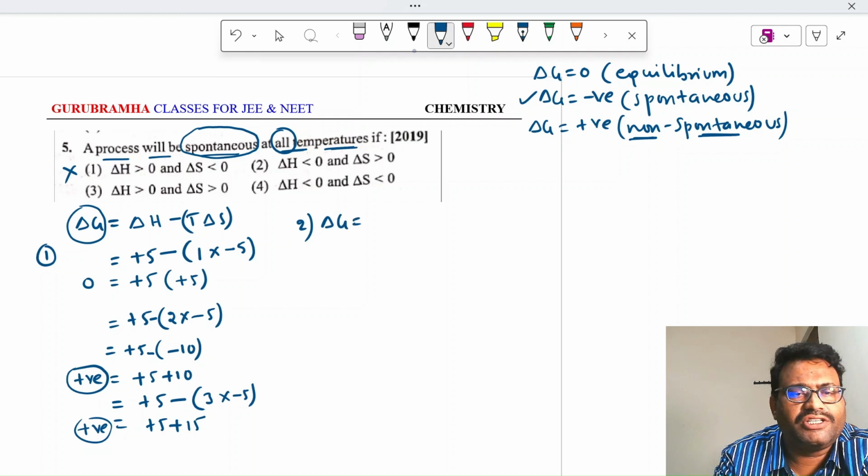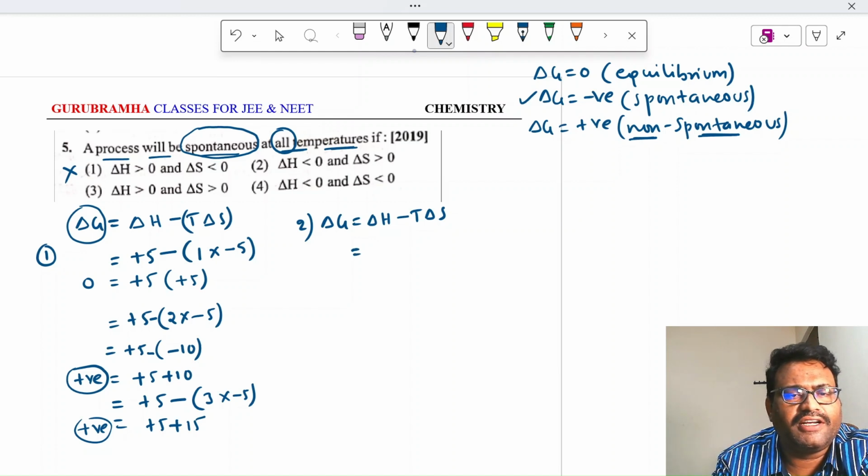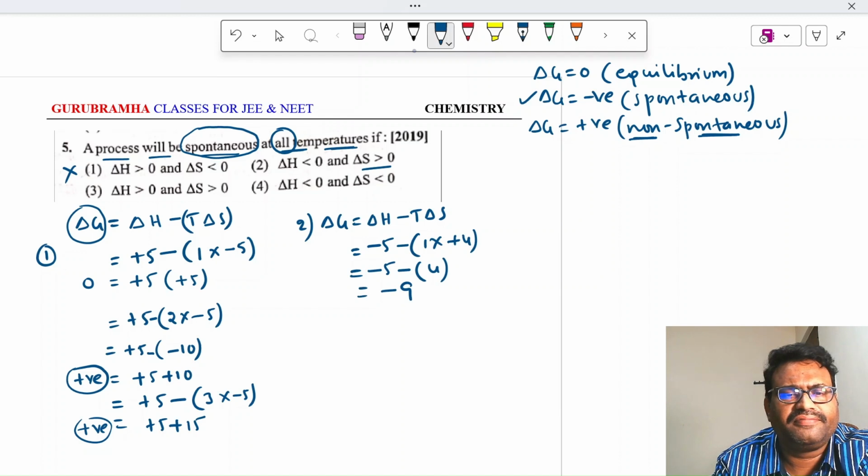So delta G is equal to delta H minus T delta S. Delta H I am taking it as, for example, what is asked? Less than 0. Minus 5 minus of delta S greater than 0. 1 into something like plus 4 I am taking. So minus 5 minus 4, that is equal to minus 9.